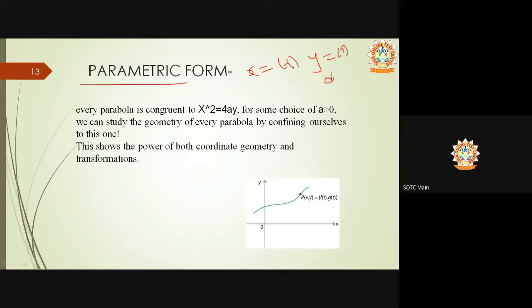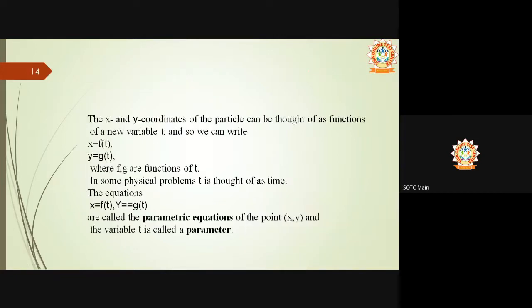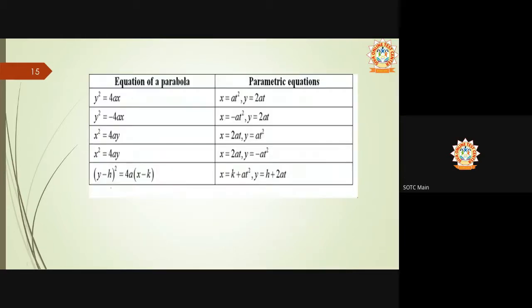Then you find dy by dx by taking y dash by x dash. In the same way, we can represent the parabolas here in parametric form, like x is equal to something, y is equal to something. So x is equal to f of t and y is equal to g of t, right? Just try to understand this, no need to get confused much.